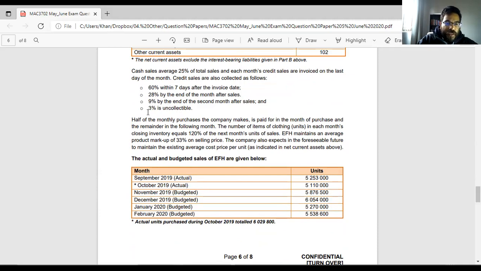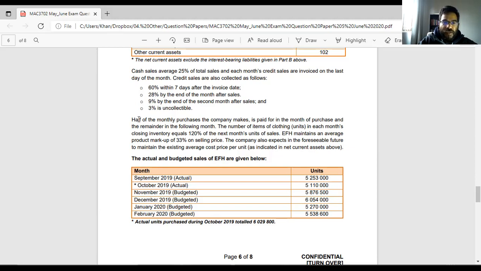Then they say half of the monthly purchases the company makes is paid for in the month of purchase and the remainder in the following month. The number of items of clothing in each month's clothing inventory equals 120% of the next month's units of sales.